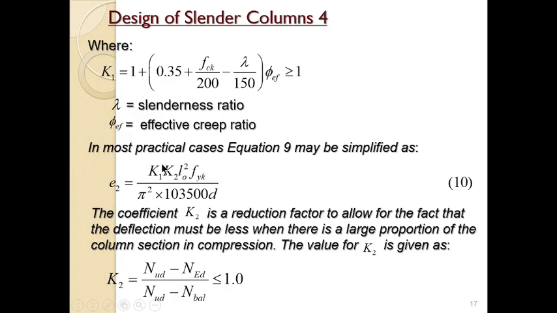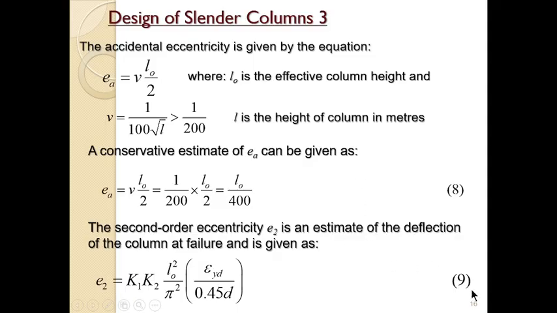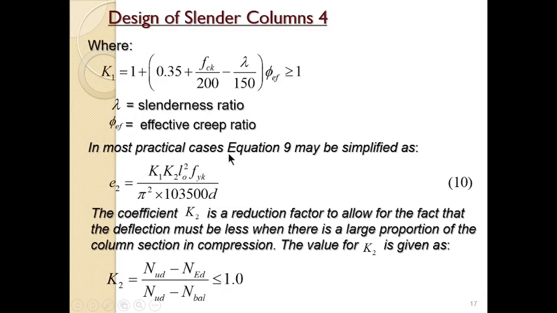And in most practical cases, equation 9 may be simplified as thus. e2 is K1 K2 l0 squared fyk all over pi squared 10^3 500 d. So that is what the coefficient K2 is. K2 is a reduction factor, and it allows for the fact that the deflection must be less when there is a large proportion of the column section in compression.